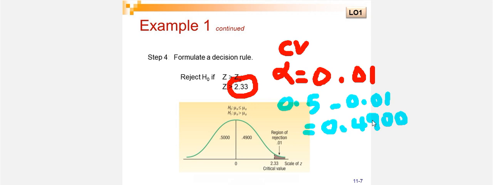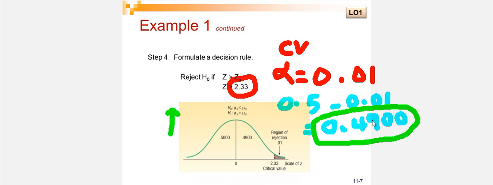What value do we look at? 0.4901. We look at the table for this value. The upper one we get 0.03, and the right one we get 2.3. That's why we get 2.33. Okay, thank you, Ong.